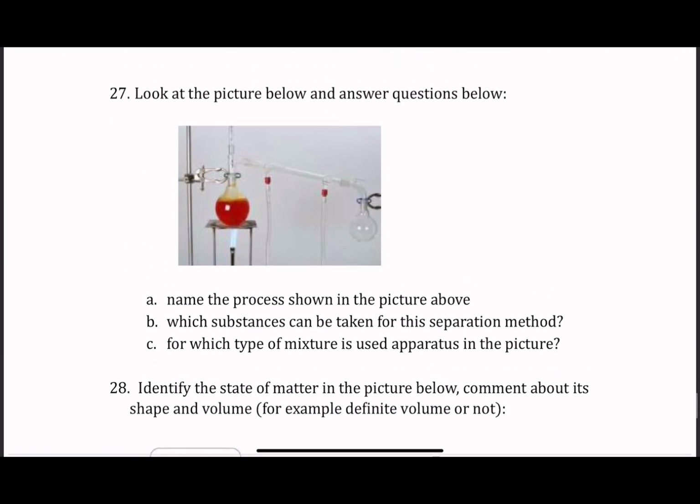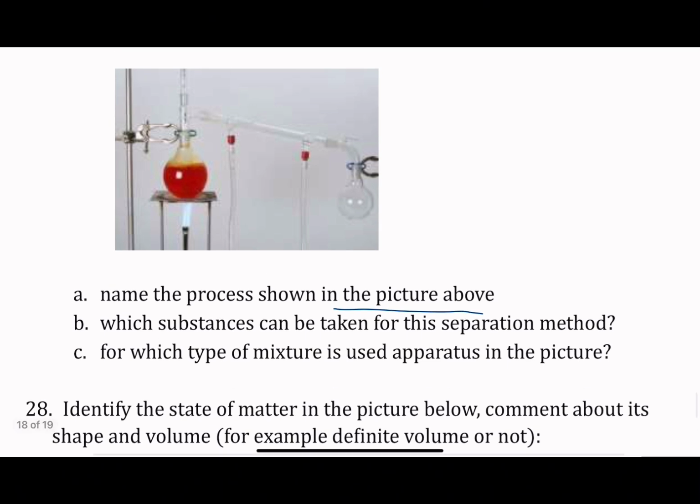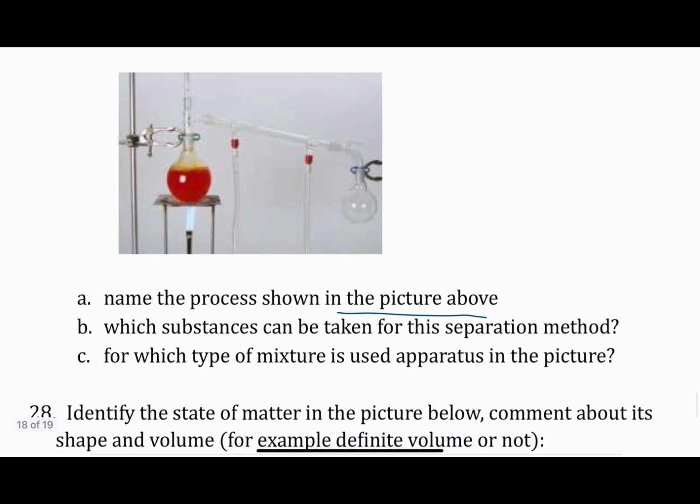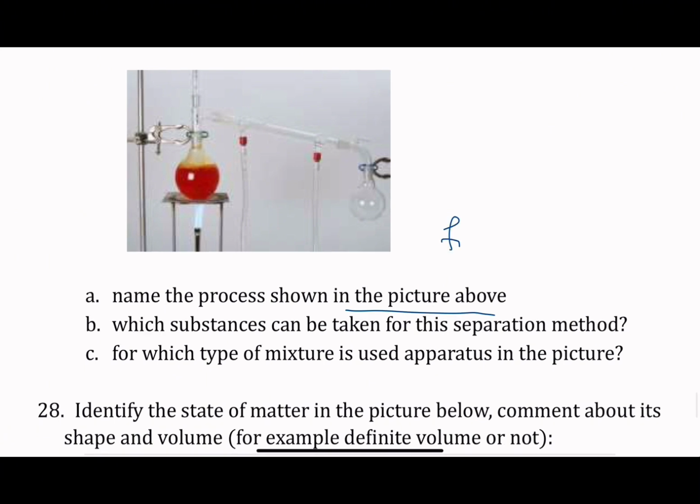Now this is distillation. You guys need to know all of the separation methods by now. Name the process in the picture below. This one is actually a very simple distillation in my opinion, but in the picture we told it it's a fractional distillation.